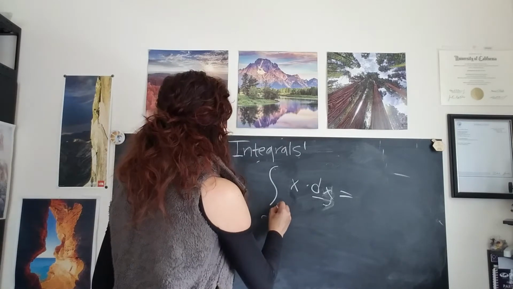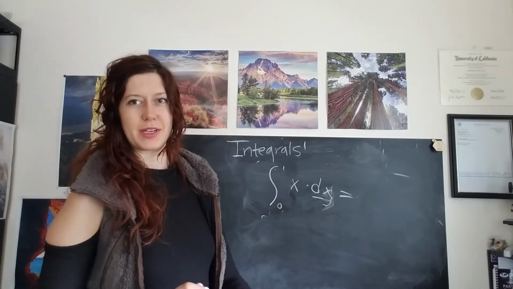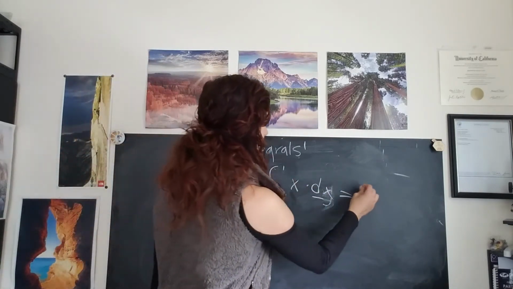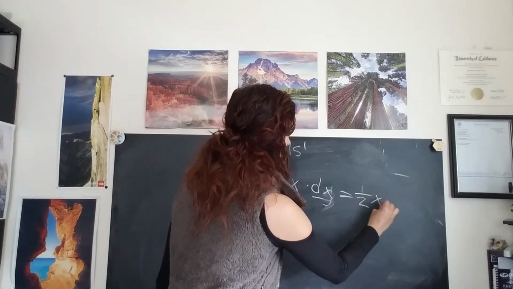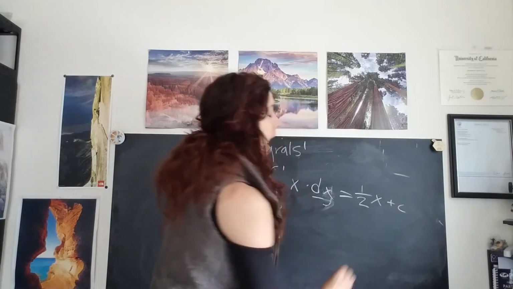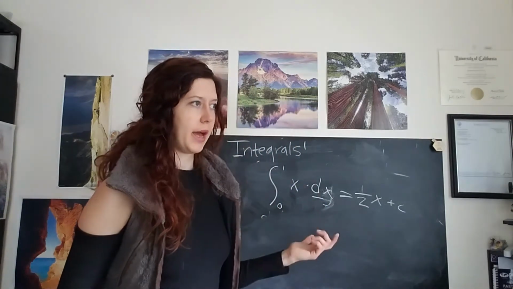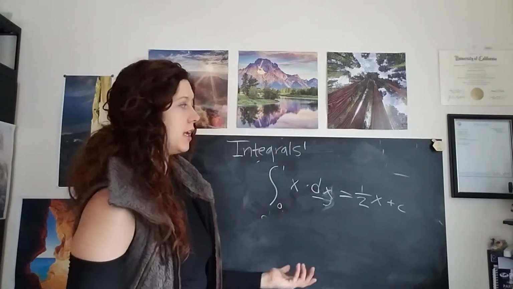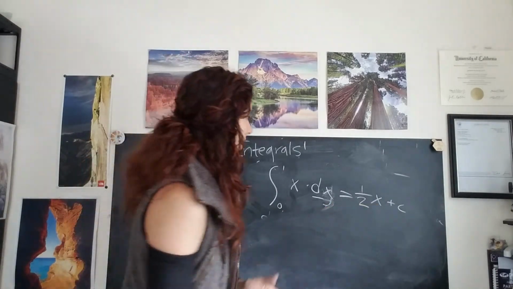So say from 0 to 1, because I'm lazy, I'll keep the numbers easy. So again, you get the same thing, 1/2 x squared. And if you want, you can add the c. I think it is important to keep that in mind, and so it's just a good habit to get into, but as we'll see in a second, the c actually cancels out.